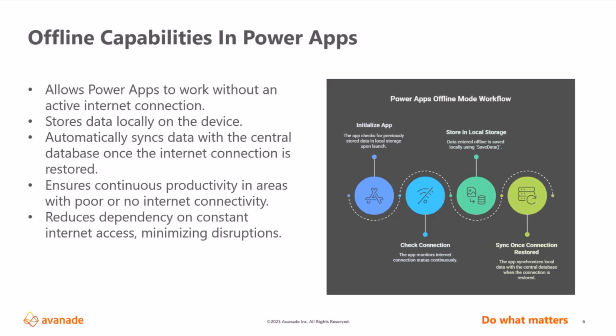Offline capabilities in brief means that the Power App can work even without an internet connection. So it is perfect for when you are in the middle of nowhere, or in a Wi-Fi dead zone. This ensures that users can continue their work seamlessly.